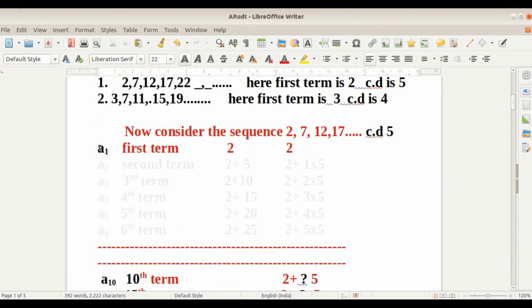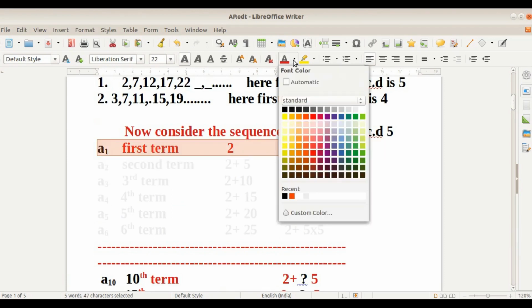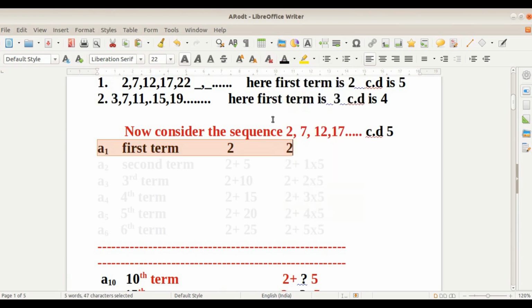Here no need to write any special way. First term is 2, that's all. But the second term, from the given sequence we know, is 7, that is the first term 2 plus the common difference 5. That 5 we can write as 1 times 5, so we can write 2 plus 1 times 5.